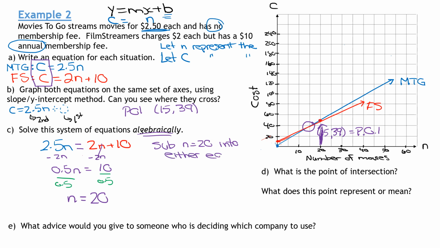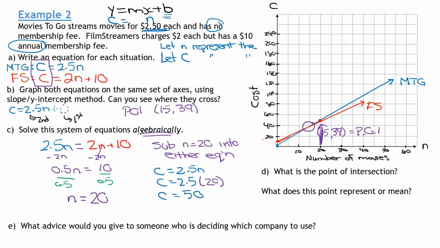And EQ apostrophe n is short for equation. So I'm going to sub into the first equation, the movies to go. That was C equals 2.5n. So I'm going to sub my 20 in for n, and I get C equals 2.5 times 20, which is 50.